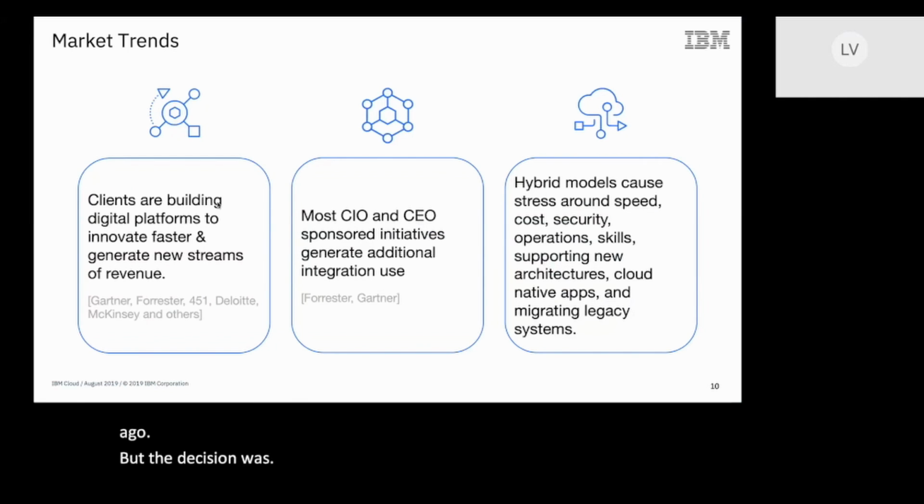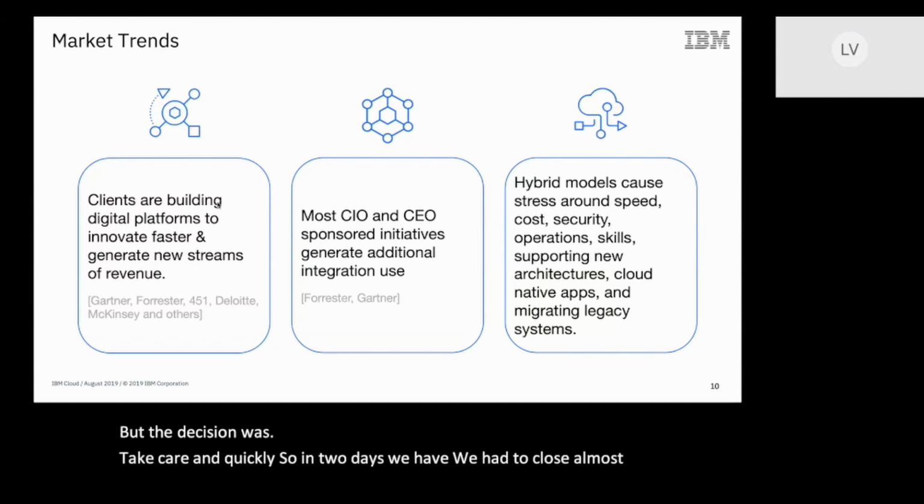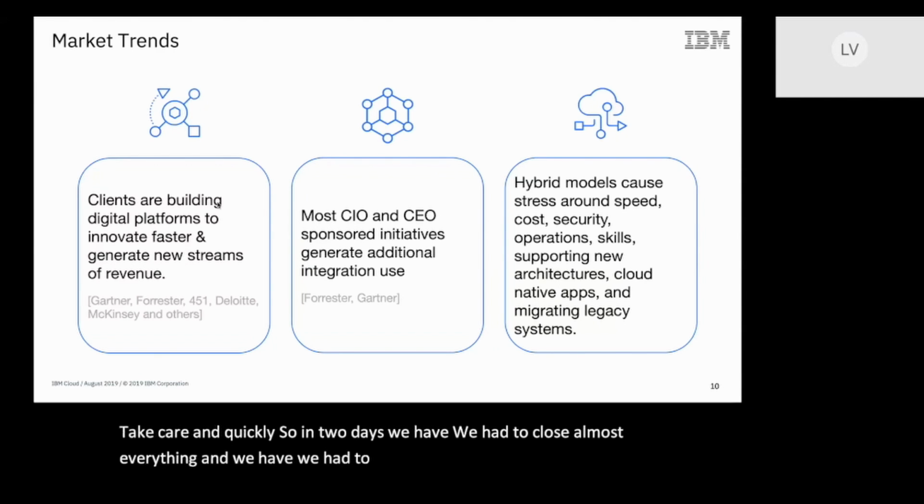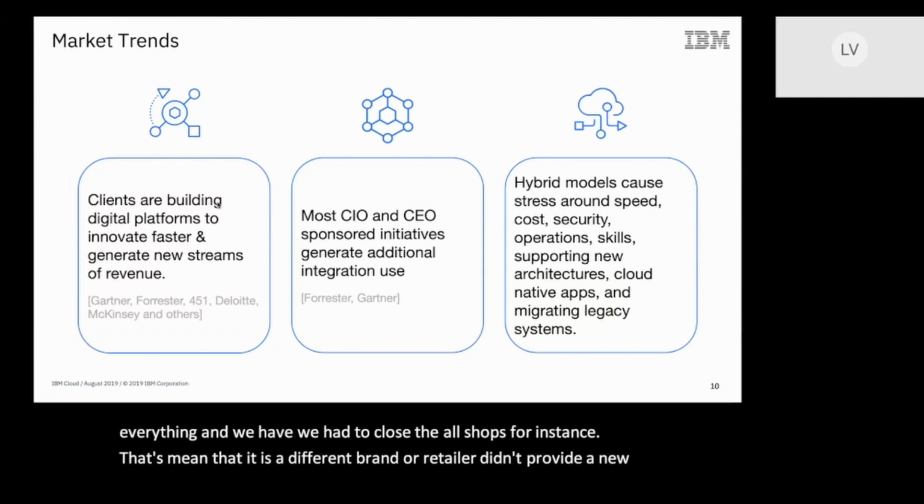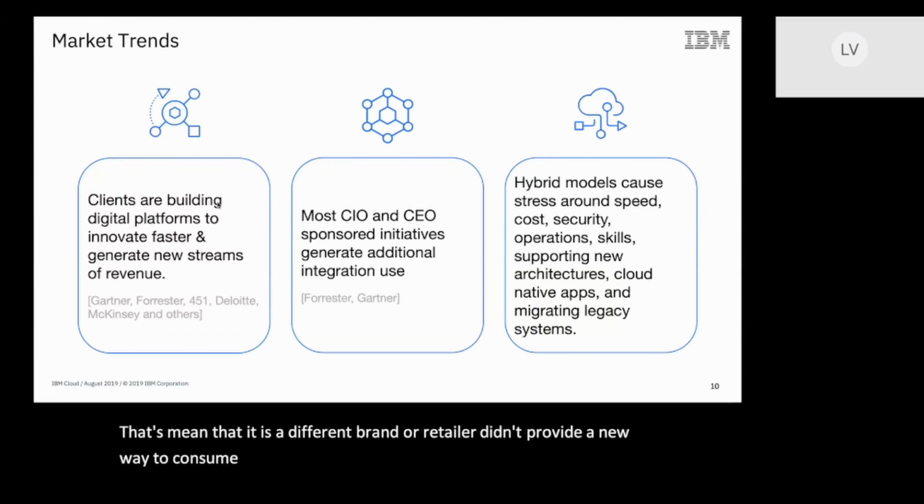So in 2 days we had to close almost everything, all shops, for instance. That means that if a brand or retailer didn't provide a new way to consume the product, that could be a disaster in terms of revenue.